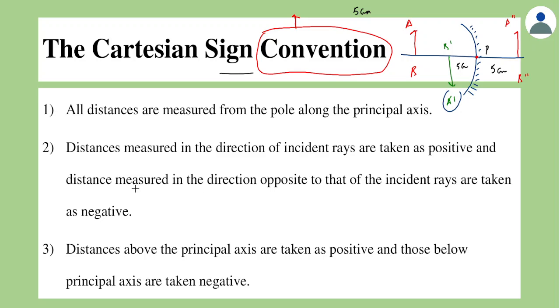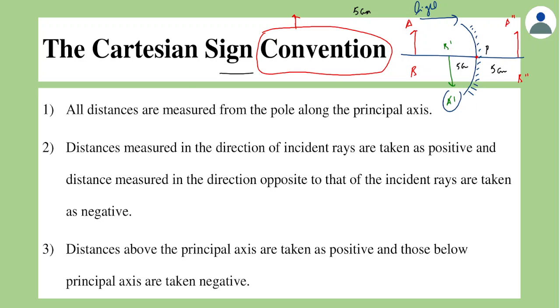The second point is distances measured in the direction of incident rays are taken as positive, and distances measured in the direction opposite to that of the incident ray are taken as negative. So to understand from here, this is the object AB, so for the mirror the light would move from left to right. This is how light would move.